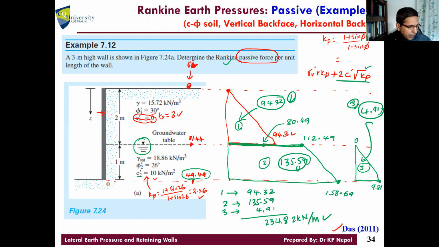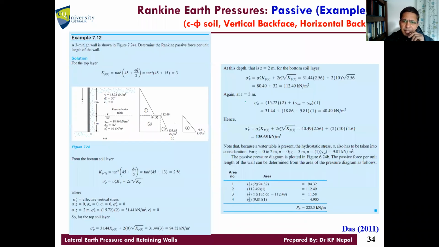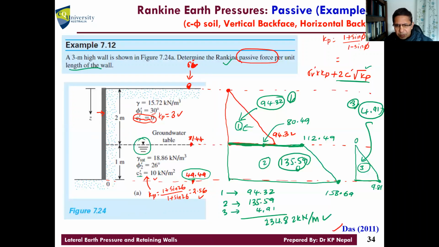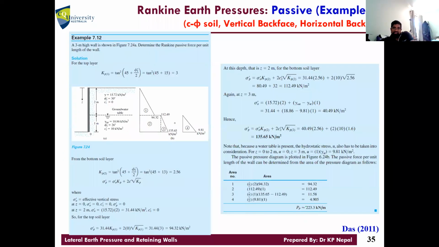Okay, so that's the total force. You can also calculate the location if required, but it doesn't say anything. But you can calculate. I think the solution provided also calculated that. Can I check now what's the total one? What's the total pressure we got? 234. But they got around 220.